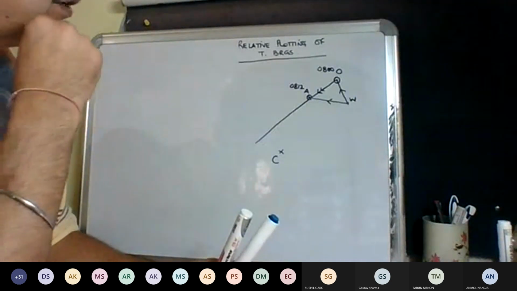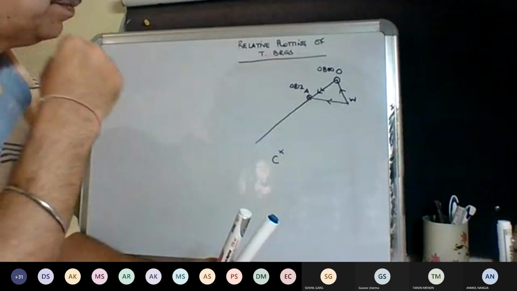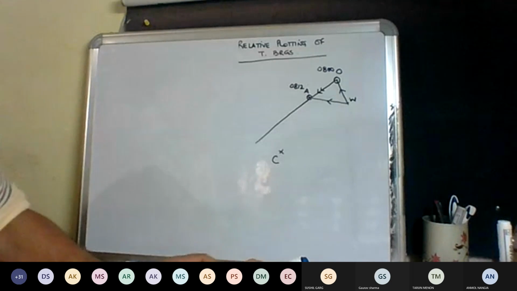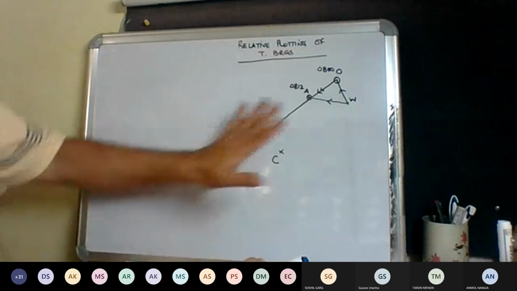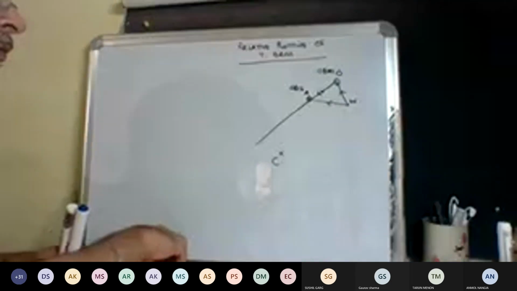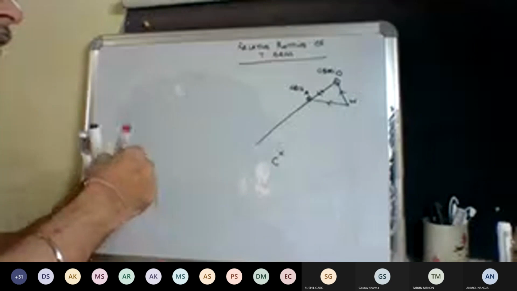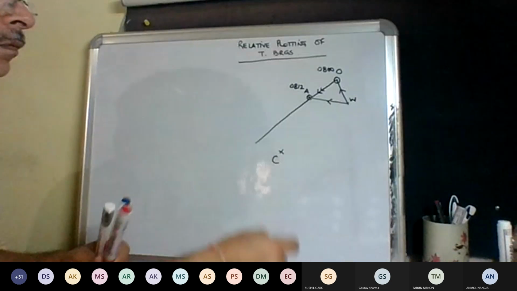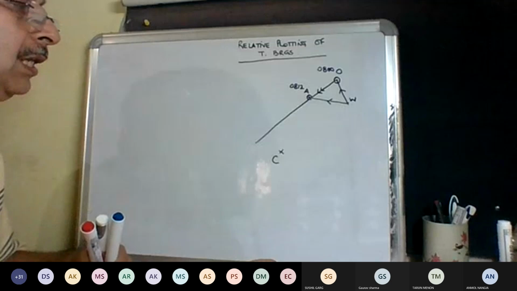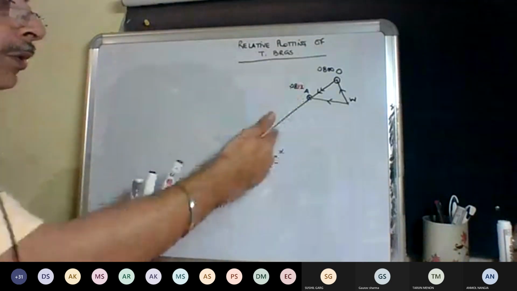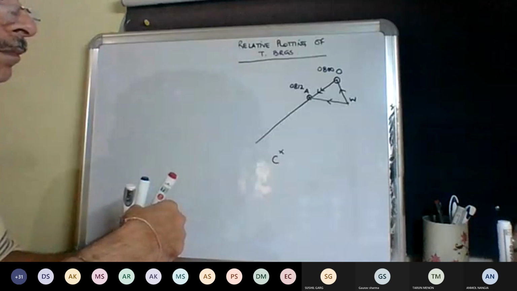Now from Charlie I have to drop a perpendicular onto the OA extended line.